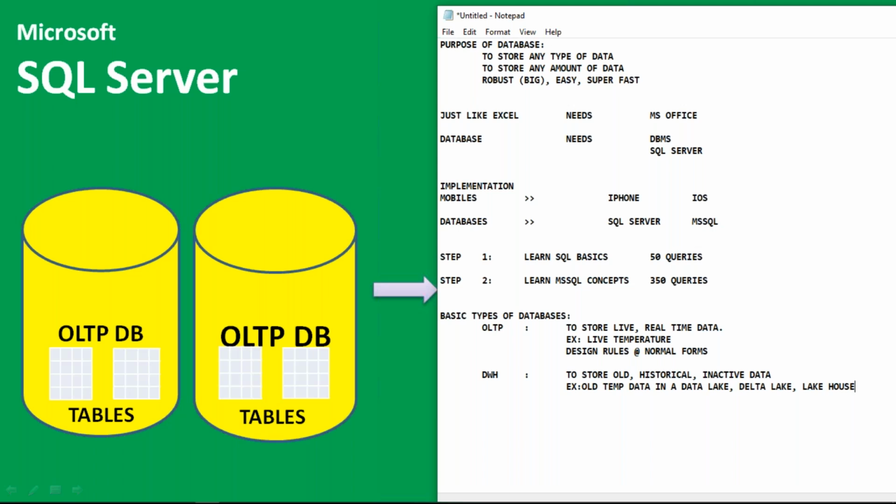Any AI or any machine learning needs data, right? From where? From warehouse. Remember, without warehouse, no future for us. No future for data, not for us, for data. Next, design rules. Design rules are governed by something called star, Snowflake schemas.